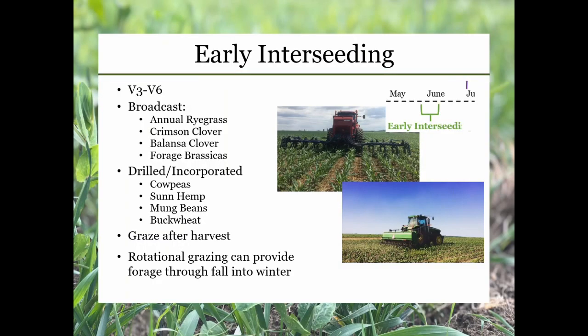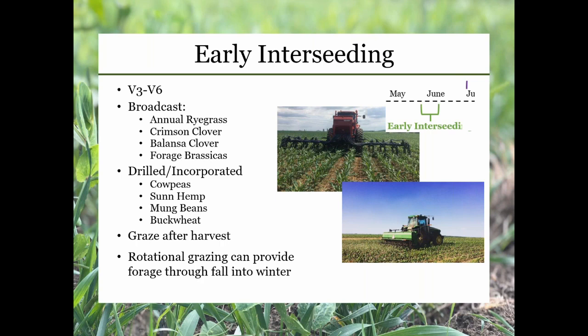Another opportunity we talk about is early interseeding, and there's been a lot of talk about this the last probably 6 or 8 years. It's a fairly narrow window, and a lot of recommendations have been from the V3 to the V6 stage, literally going in and broadcasting or drilling into the growing crop.